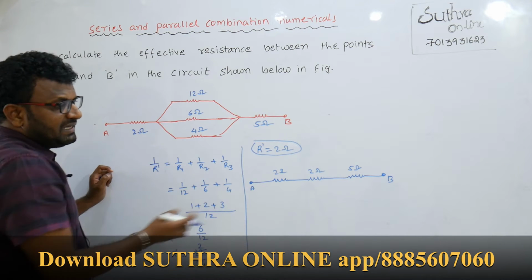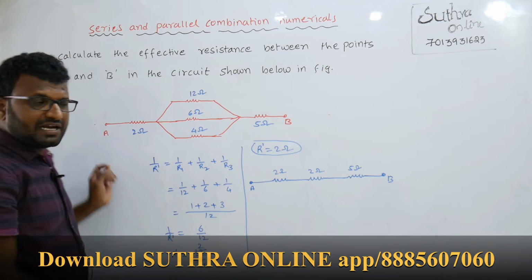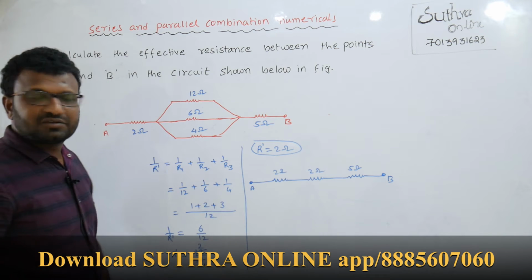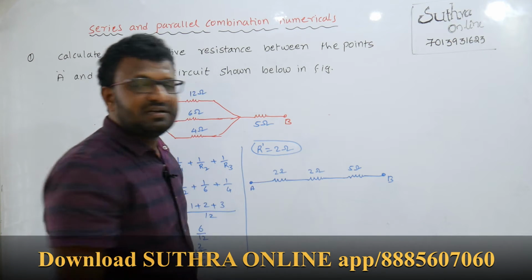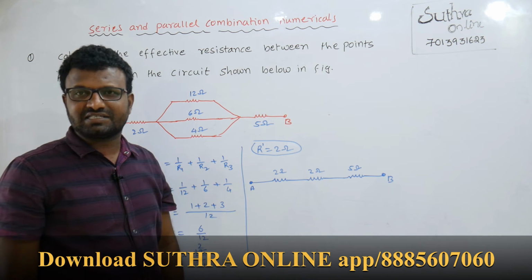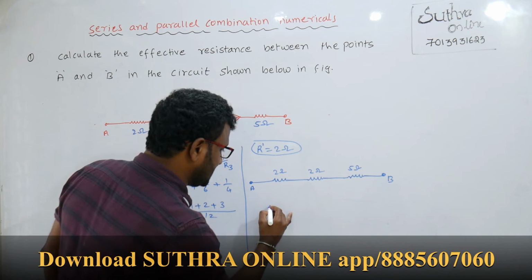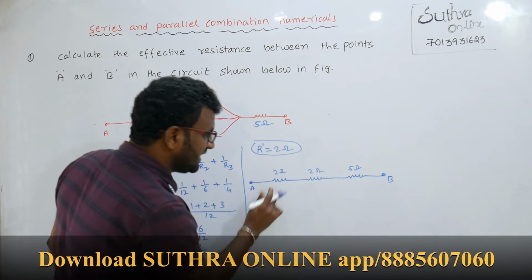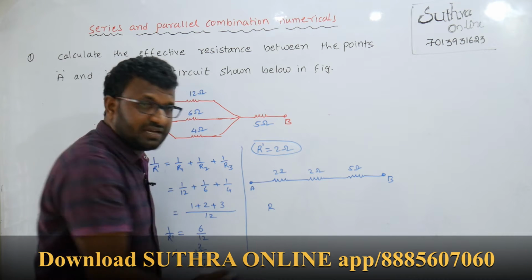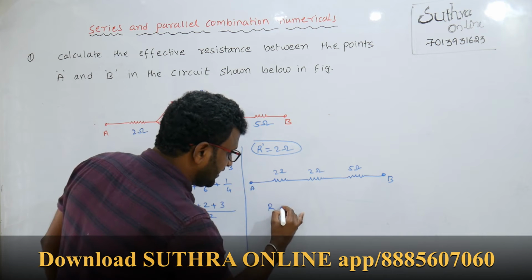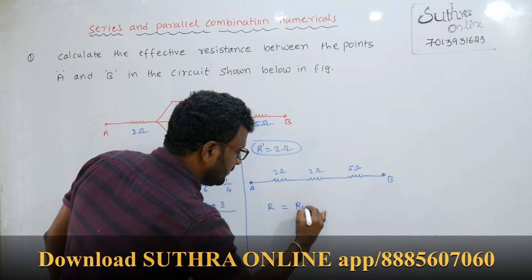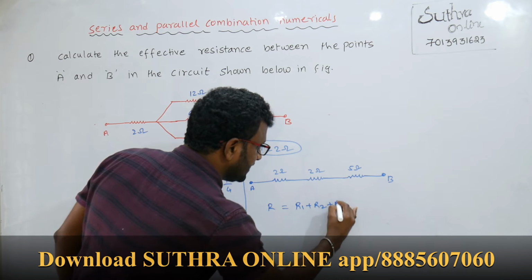Now, these three resistances are connected in a single path. That means these three are in a series connection. For the total effective resistance in a series connection, there are three resistances here. So the formula is R is equal to R1 plus R2 plus R3.